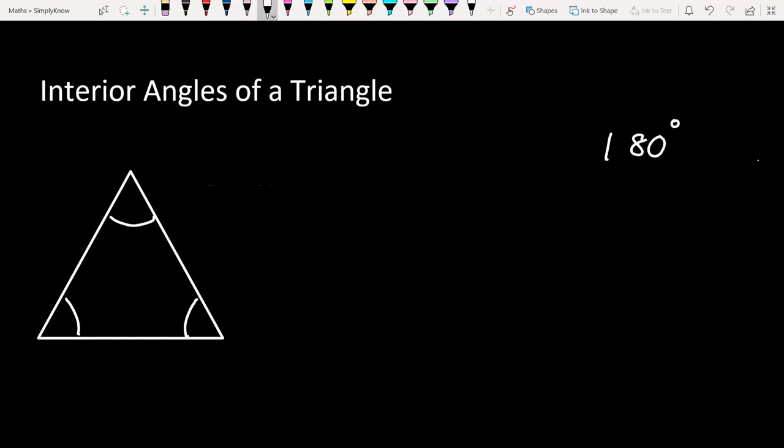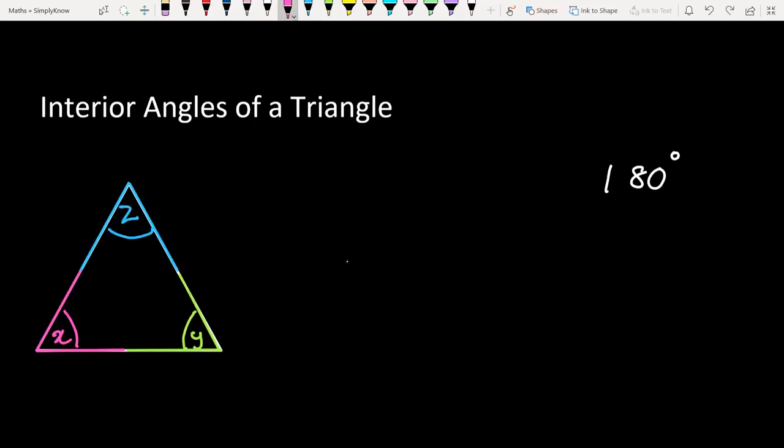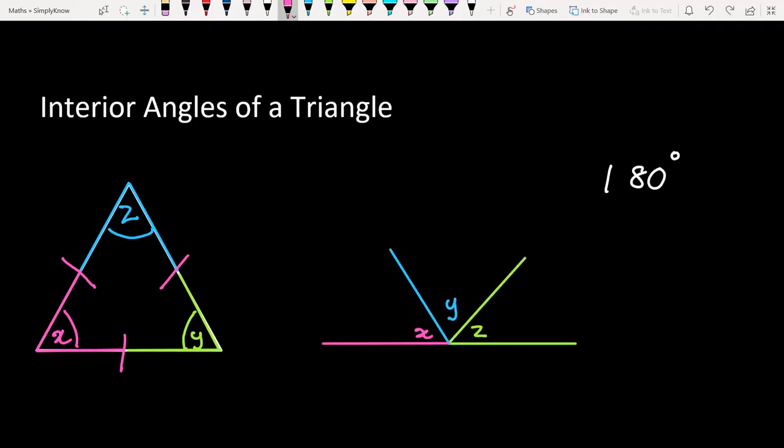Let's say this angle is X and the other two are Y and Z. If I cut this triangle into three separate angles, from here, here, and from here, and then arrange them right next to each other on a straight line, the sum of these three angles will be exactly a straight angle, that is 180 degrees.